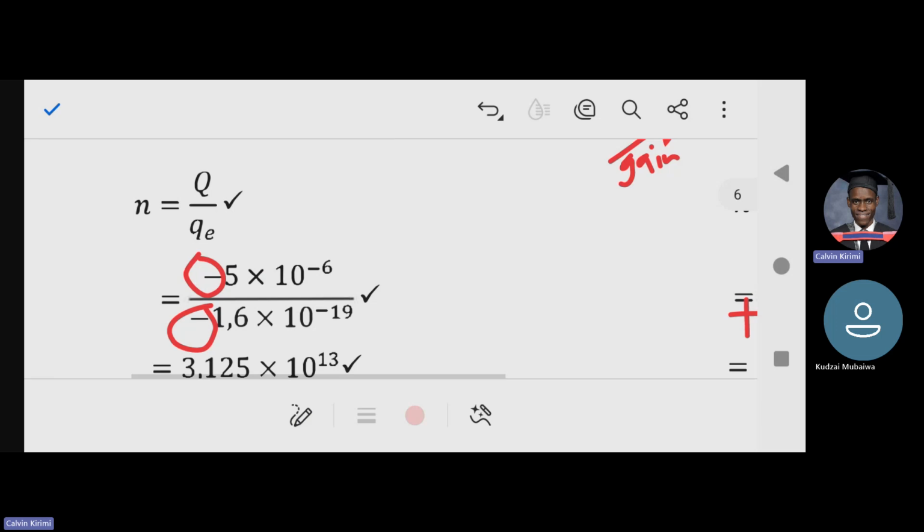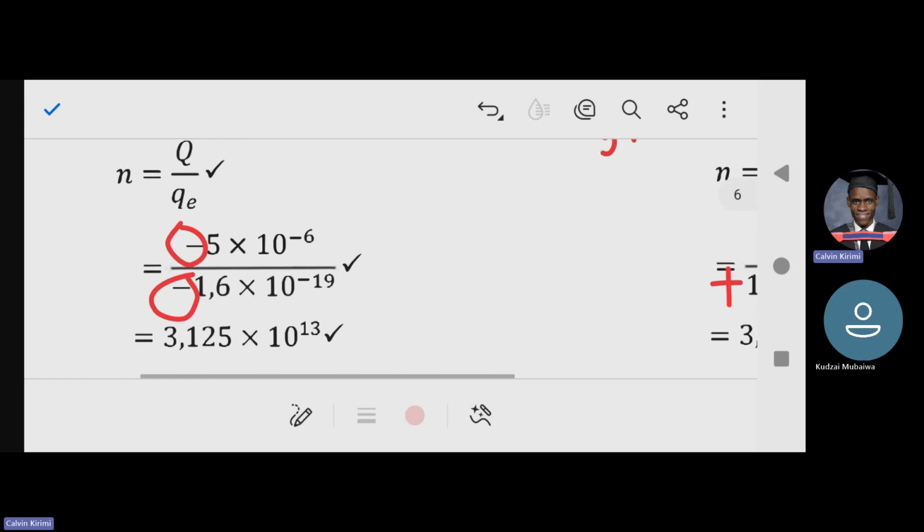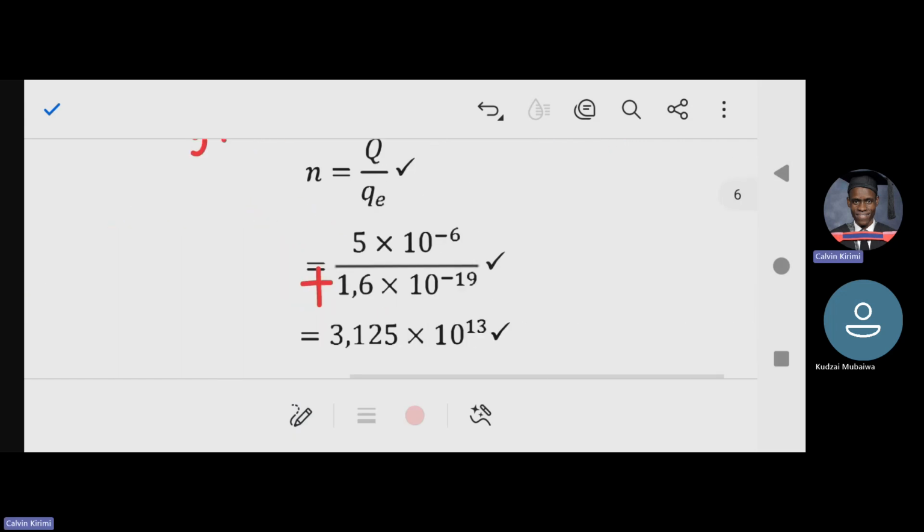Because at the end of the day, you want to get a number of electrons. There is no number of electrons which is negative. You are no longer looking for charge. You are looking for number of electrons. And where did coulombs go? Here there was coulombs, and here there was coulombs. So the coulombs cancel out. This unit cancels out, then you are left with only a number. Here it was -5 times 10 to the power 6 coulombs.